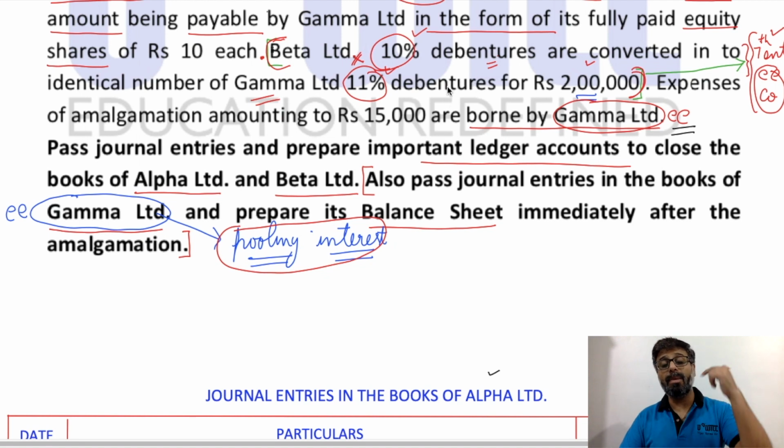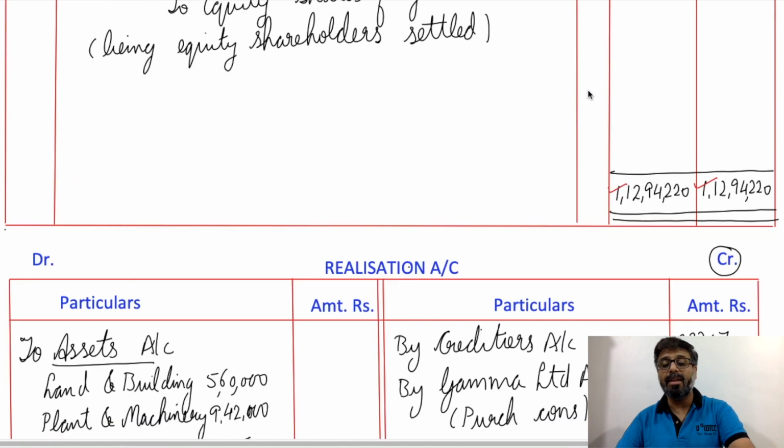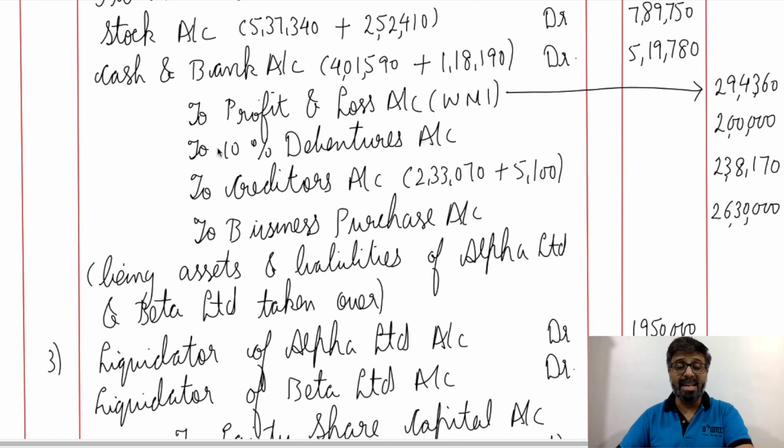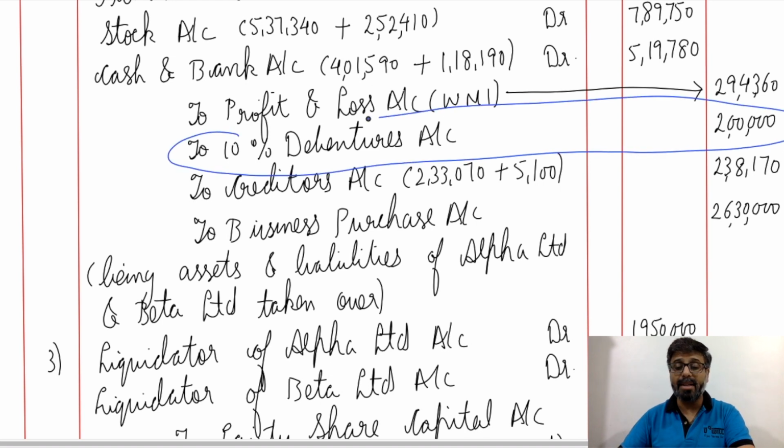But what is the entry? If you remember, in the concept also I told you generally the entry would be debenture to debenture only. Why debenture to debenture? Old 10% debentures we will close and debit, and against that new 11% debentures of the same value we will credit and bring it into our books of accounts. So this 10% debentures which was credited in entry number 2, against that we are giving them 11% debentures.